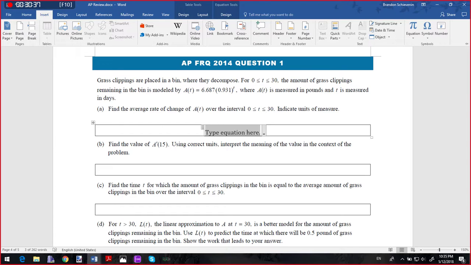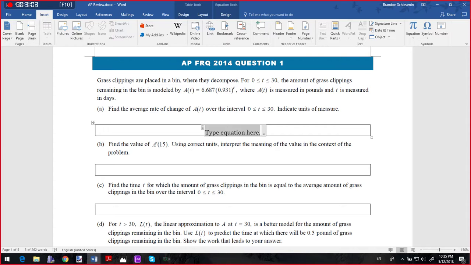So how can I get average slope? Derive the function and use average value theorem. Okay, I could. That's kind of a long way to walk around it, but let me write that out really quick, and then we'll see if there's an easier way.